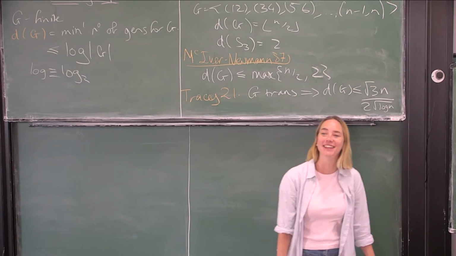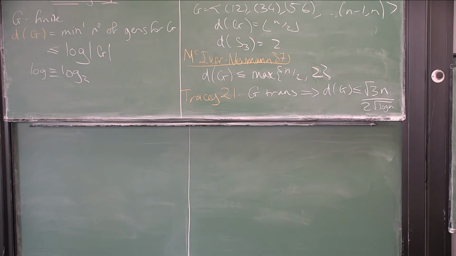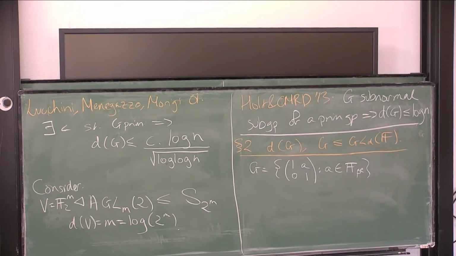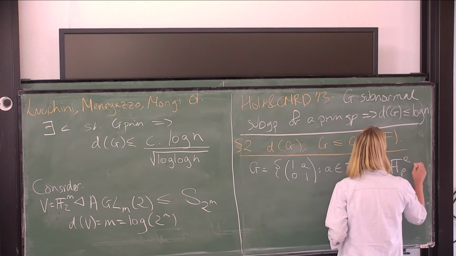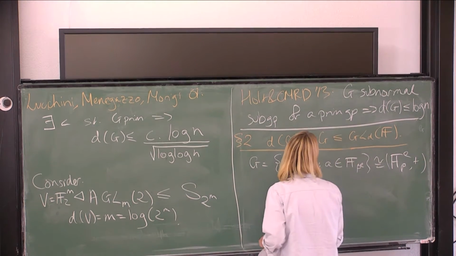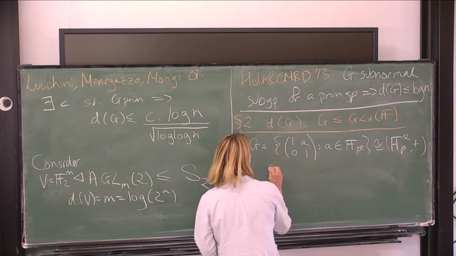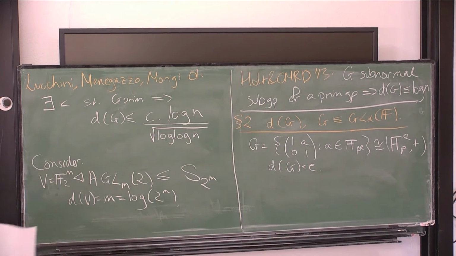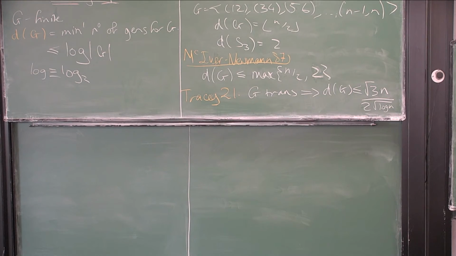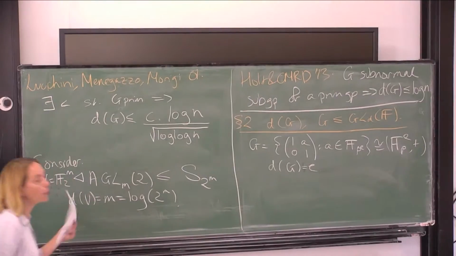I can count generator numbers of vector spaces very easily, so I know how many generators you need for this thing. So this is isomorphic to F_p to the e under addition, and so the minimal number of generators here is e.